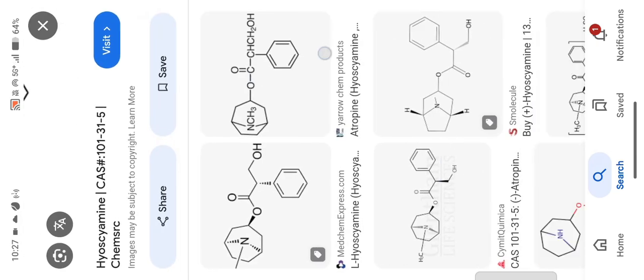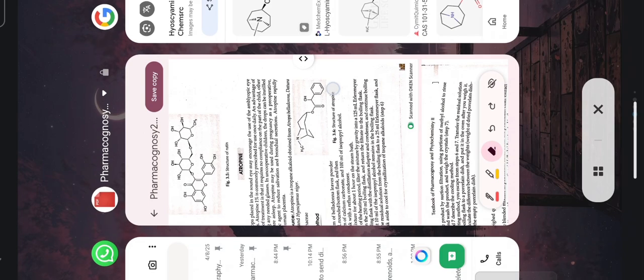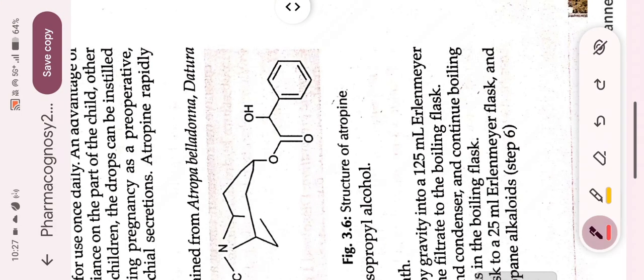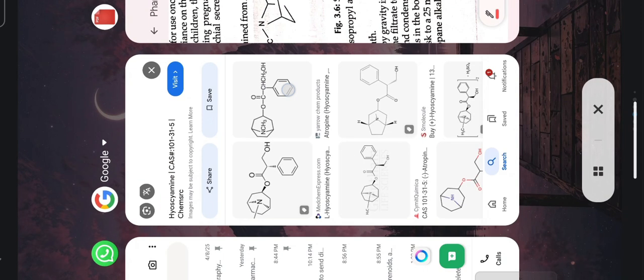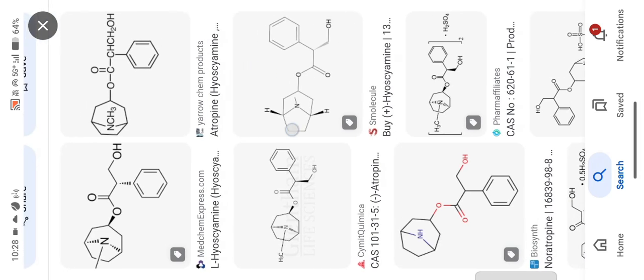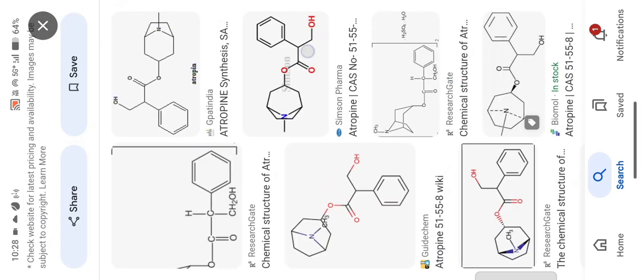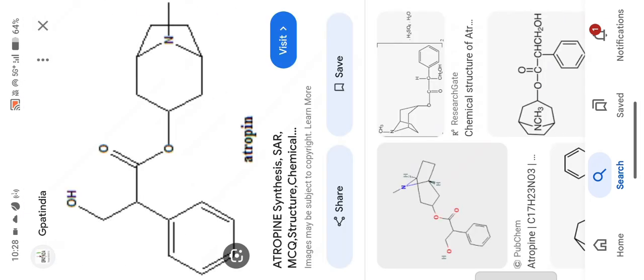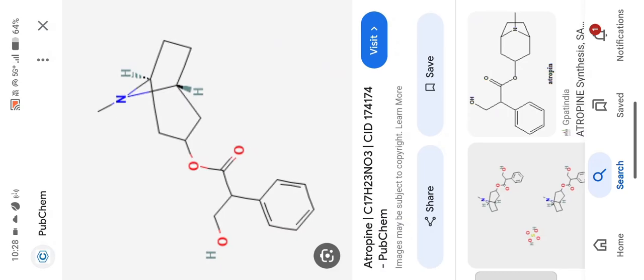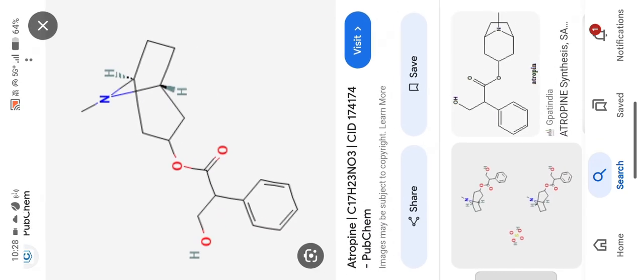See, here also we will. Oh my god, everywhere it is the same thing. But why in this thing it's just one line? They are representing it like this. But it's just like this. Which is correct? This one or this one? I'll believe PubChem. Yeah, this is PubChem.